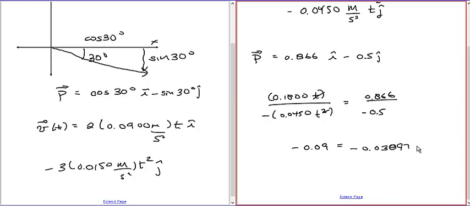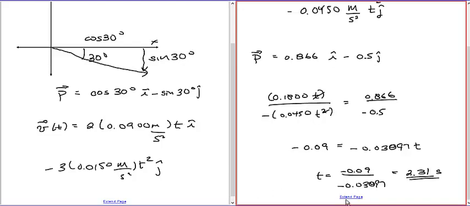I'm going to take an extra significant figure, and you've got a t left, so now we divide both sides by negative 0.03897. You see the negatives cancel out, which is good because I need a positive t. And so I get t is equal to 2.31 seconds.